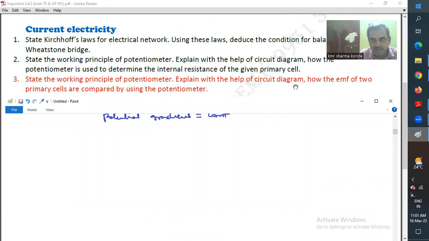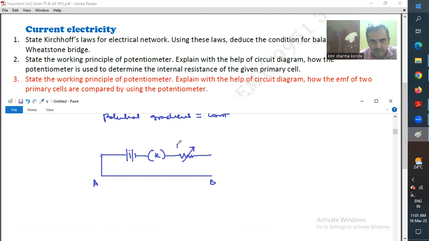Explain with the help of circuit diagram how the EMF of two primary cells are compared. You can treat this as the entire 10 meter length potentiometer wire, with ends A and B. There is a battery, a plug key, and a rheostat RH.